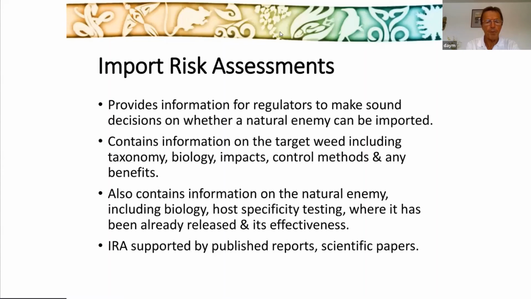The other thing I mentioned before is that the risk assessment should have independent input. And some of the independent input could be through published scientific papers. This is because scientific papers are peer reviewed. When we submit a paper for publication in a journal, it goes out to some people that we've never met before, and they're anonymous.